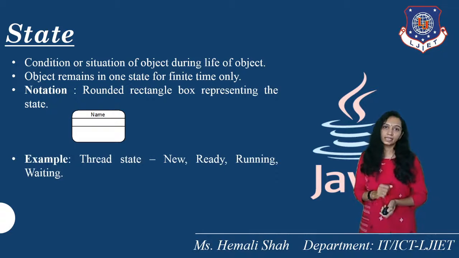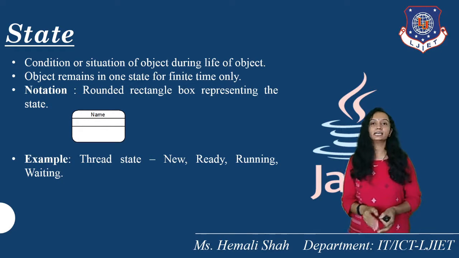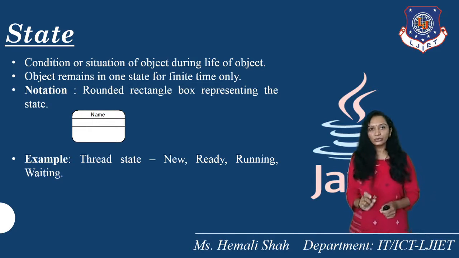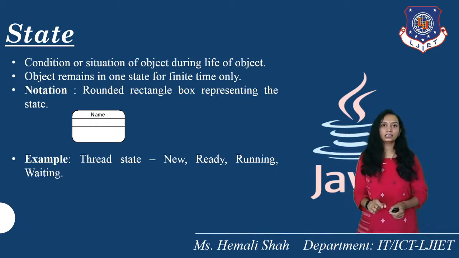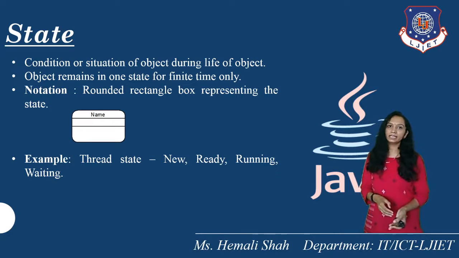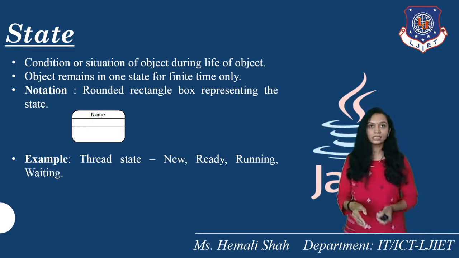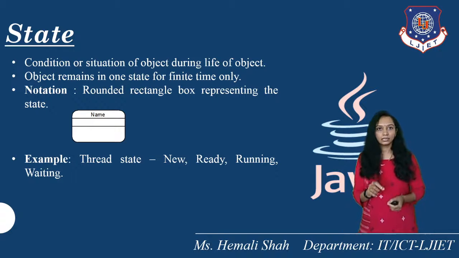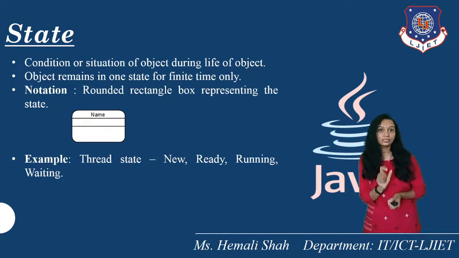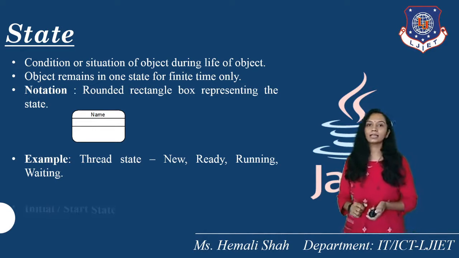In the example that we have already done inside the thread five-state diagram, new, ready, running, waiting, blocked, finished, terminate, these are all states that we have already learned inside the thread life cycle diagram. So this is the example of states, right?